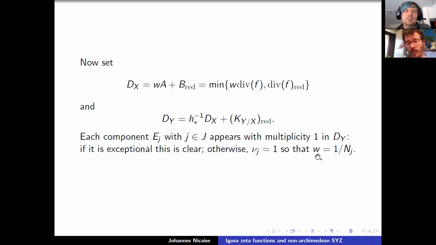So this means that nu_j divided by N_j is equal to 1 over N_j. That's equal to w. That's exactly the definition of w. So if we multiply our divisor with w, we set the coefficient of this component equal to 1. And so that's the coefficient with which it will appear in this divisor. And so this is important to remember. All the components that we care about, especially all these E_j, they appear with multiplicity 1 in the divisor D_Y.